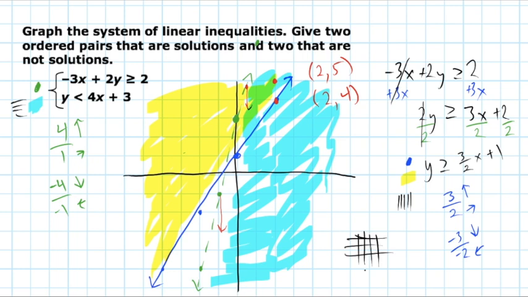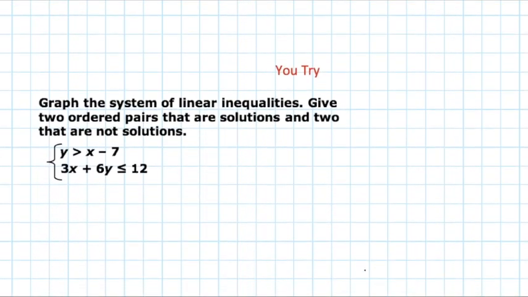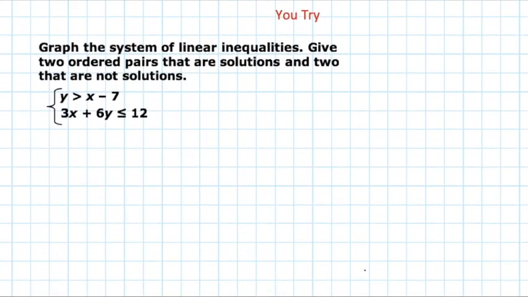So anything in the crosshatch would be the answer. So again, if you don't have a highlighter, do one vertical and one horizontal, and then wherever you see the crosshatch, that's the answer. So here are 2 for you to try.